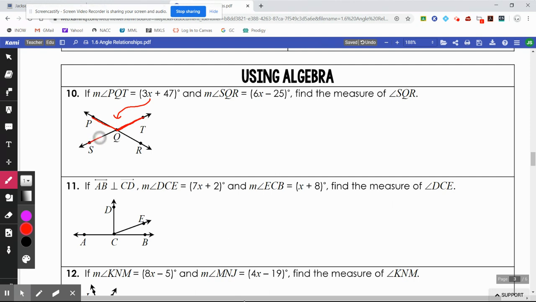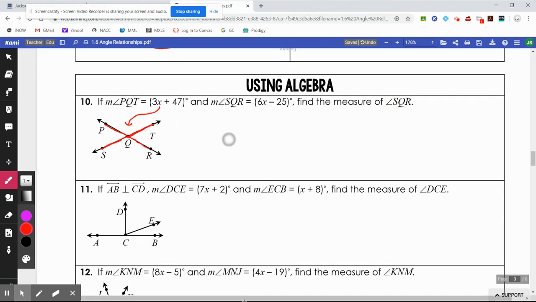SQR, S to Q to R, is this angle. And I want to point out that these two angles would be vertical angles, and vertical angles are always congruent. So therefore, the measure of angle PQT and the measure of angle SQR would have to be the same measure because they are vertical angles.